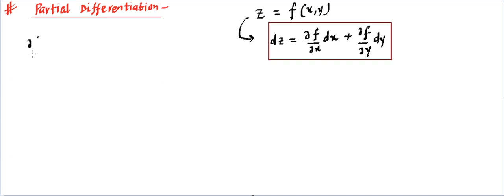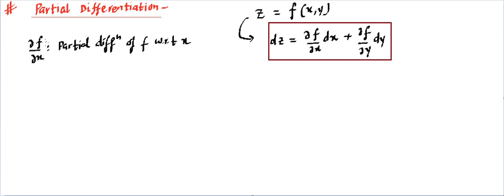When we write this del f by del x, it is read as a partial differentiation of f with respect to x.